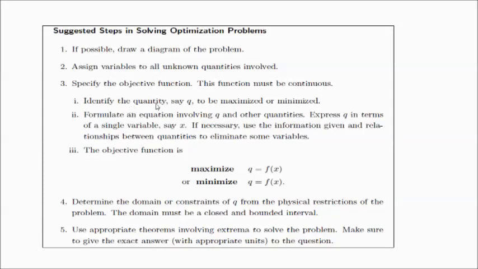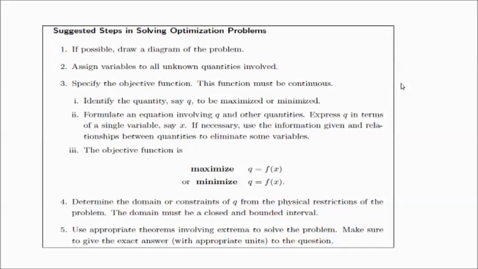So identify the quantity, say Q, to be maximized or minimized. And then, ito importante, formulate an equation involving Q and other quantities. So express Q in terms of a single variable, say X. If necessary, use the information given and relationships between quantities to eliminate some variables.